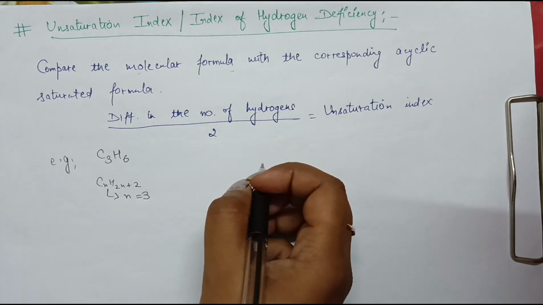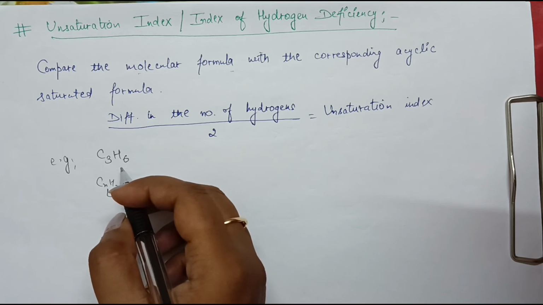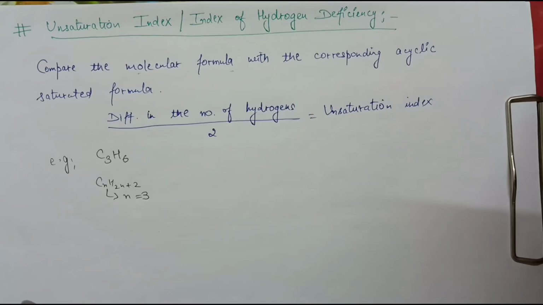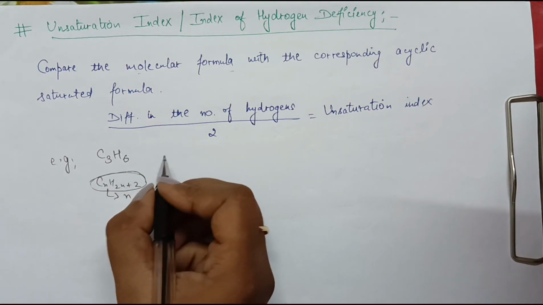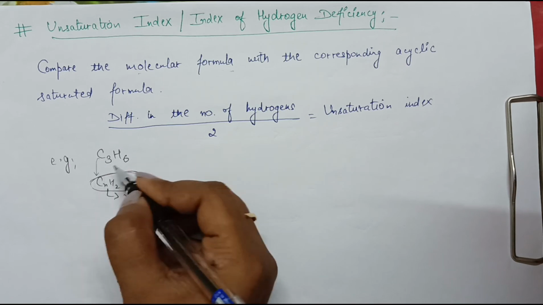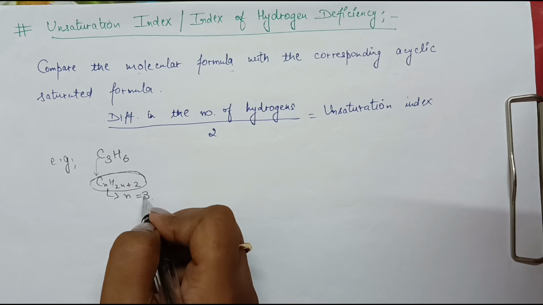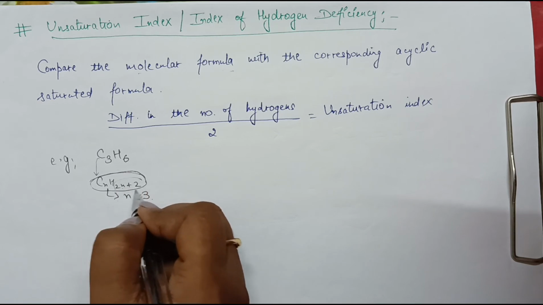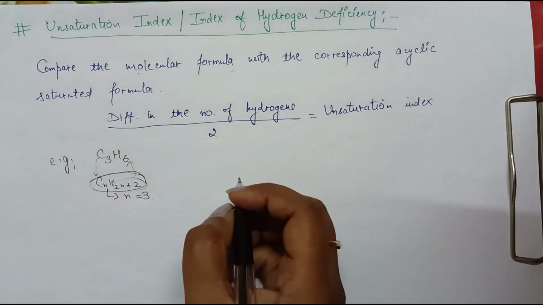Now we are going to convert this to the corresponding acyclic saturated formula. If we substitute n equals 3 here, it is not going to be equal to 6, it is going to be equal to 8.